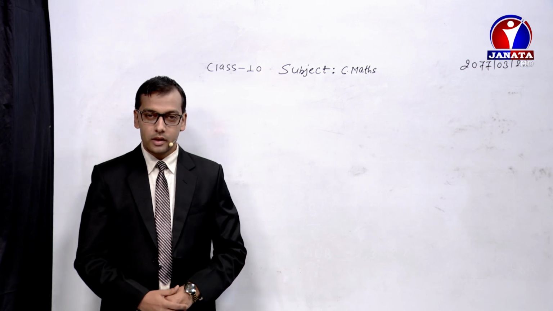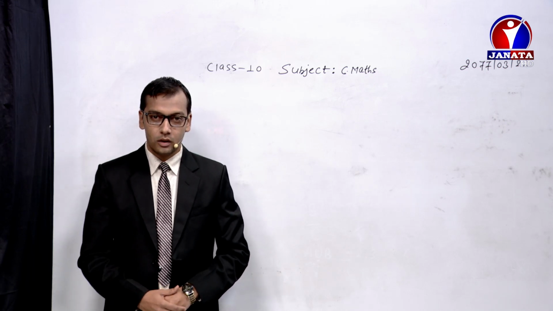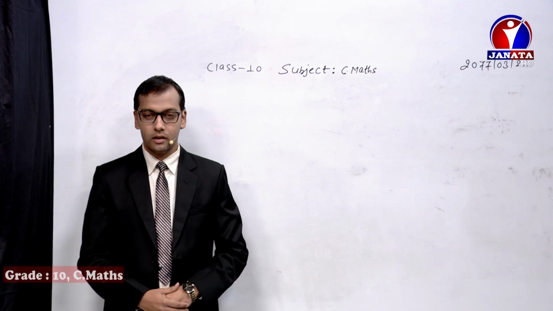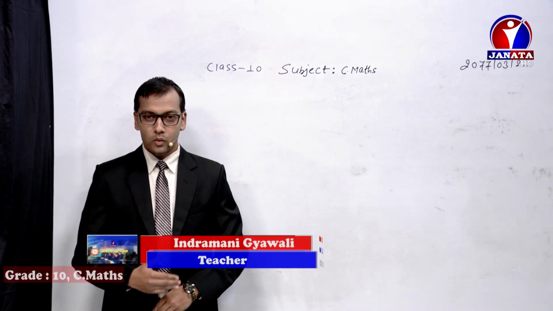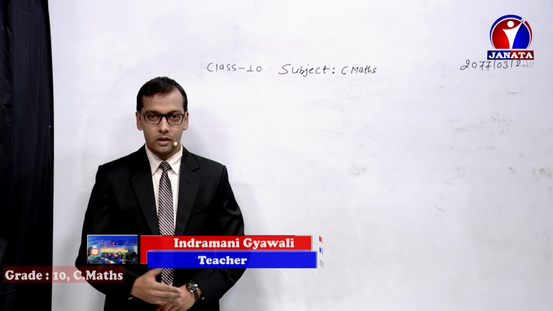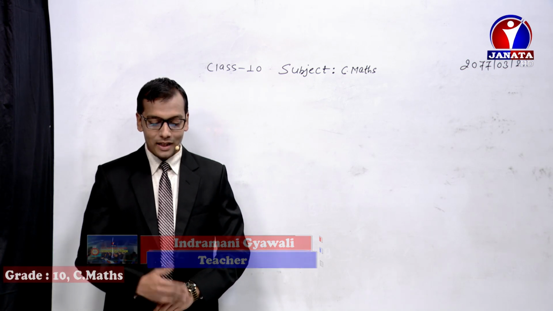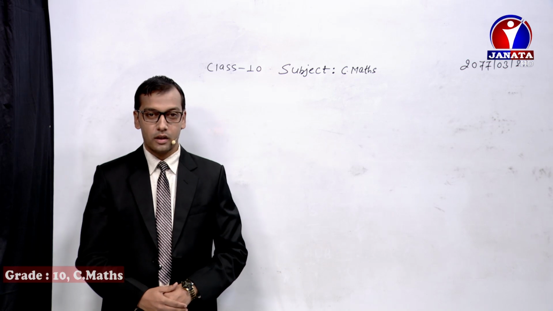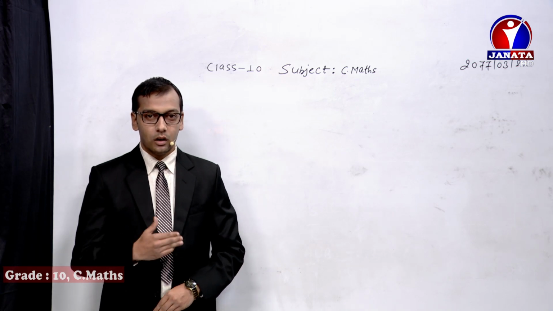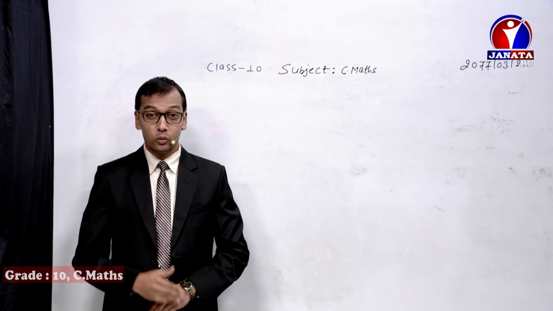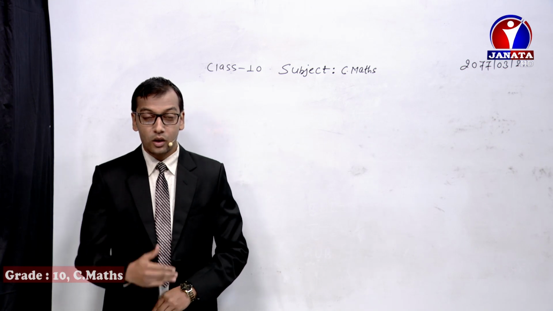So we have been discussing word problems based on three sets in a set. In the previous class, we discussed a question based on three sets where we calculated the intersection of all three subsets, and then we also tried to find n of u.